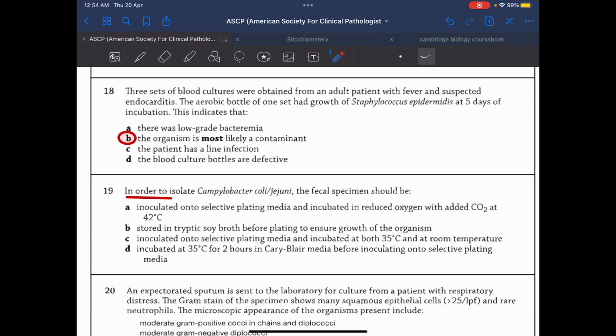Unlike other enteric pathogens, Campylobacter coli and jejuni grow well at 42 degrees centigrade. So the correct answer is A, because there is reduced oxygen. This means a microaerophilic atmosphere, and the temperature is 42 degrees centigrade.